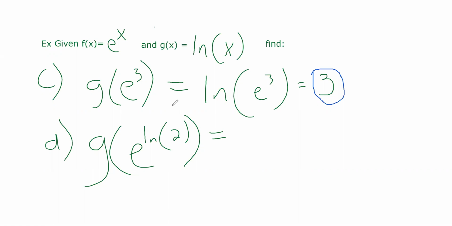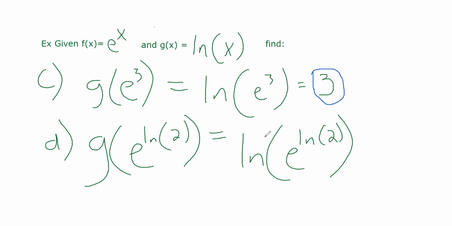Well, we plug e to the ln of 2 into the g function, so then it's going to be like that movie Inception, something wrapped inside something, wrapped inside something. There's a couple of ways to do this one, and notice I'm not going to use the calculator one bit, especially because if you were to just plug this into the calculator, it'll give you a nasty decimal number, and you won't know what its exact form is.